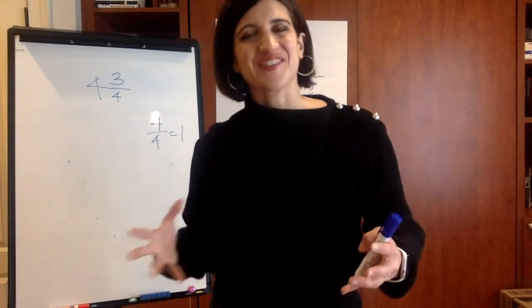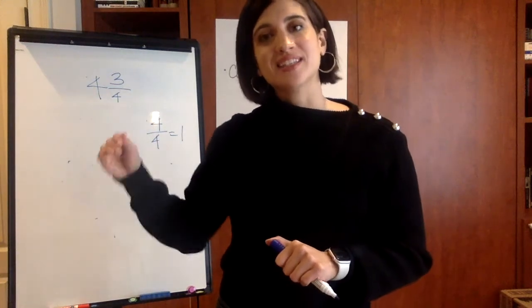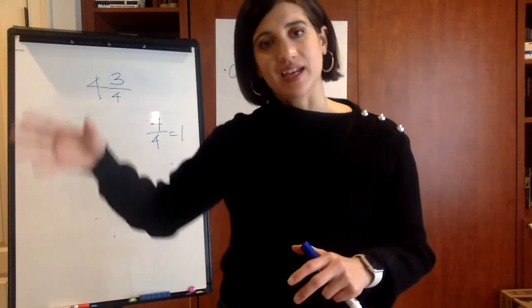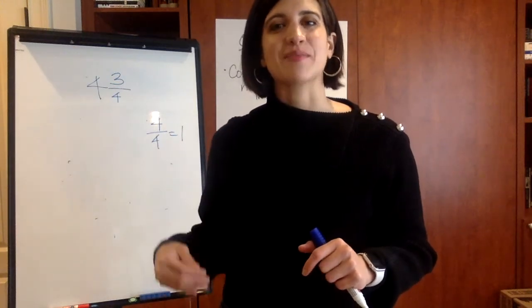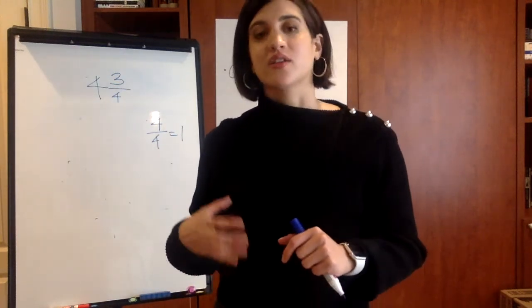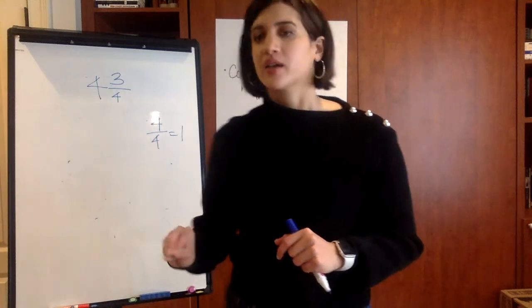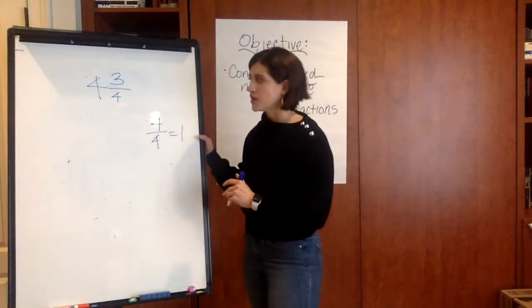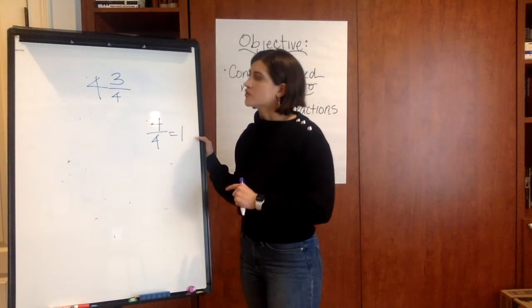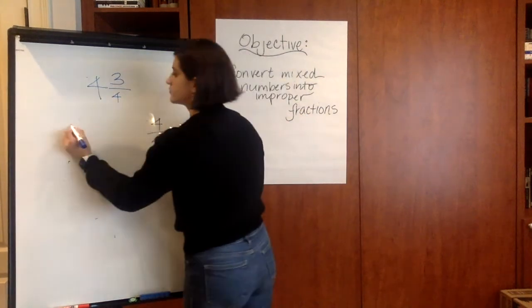I also remember that repeated addition, which is what I'm doing because I'm adding the exact same number here, is the same as multiplication. Therefore, I'm going to multiply 4/4, which equals 1, times the amount of wholes I have, which is 4.